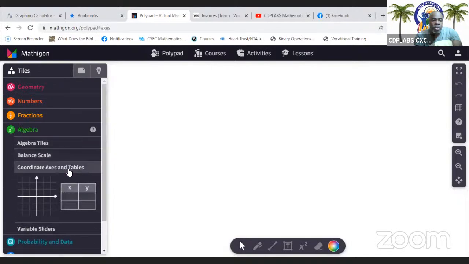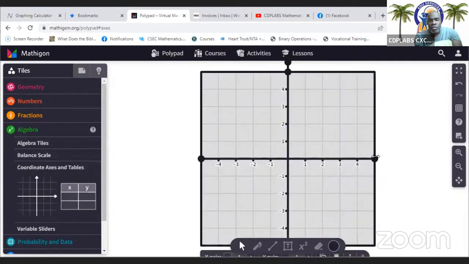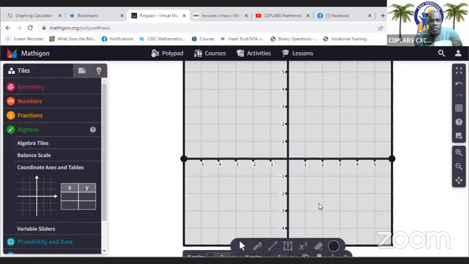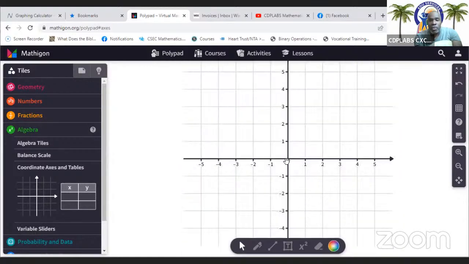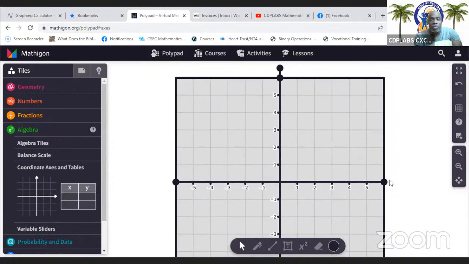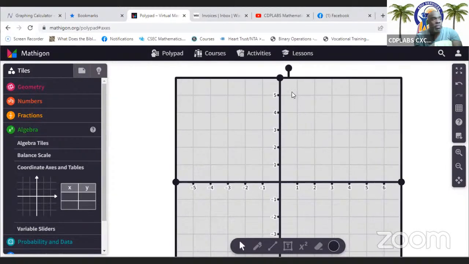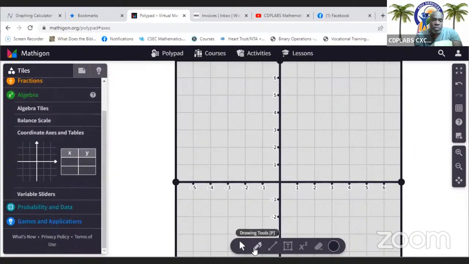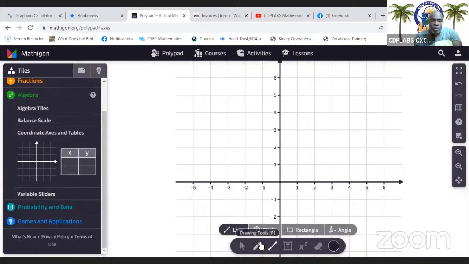So I'm going to show you now using my ruler on this page here. So let's plot the points on this now. This first one was 3, 5.